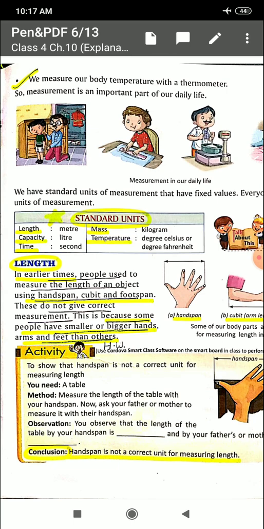Children, you have already done the measurement topic in your previous class 3 mathematics, where you did measurement of length, mass, time and capacity, and also the conversion of units of length, mass and capacity. So you are aware of these terms and mainly the units.